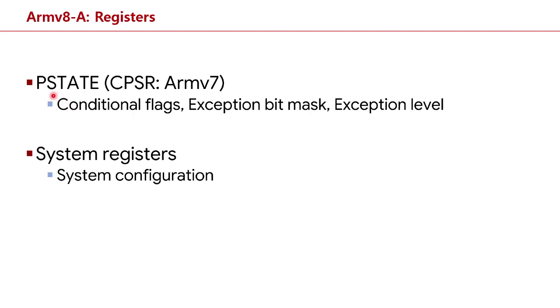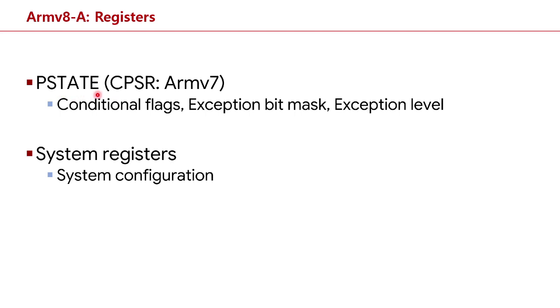Next one is p-state. Actually, the ARM reference manual does not describe p-state as a register. But if you refer to the ARM version 7 reference manual, you're going to see the CPSR register. The interesting point is that the bit assignment for the CPSR register is almost identical to p-state.